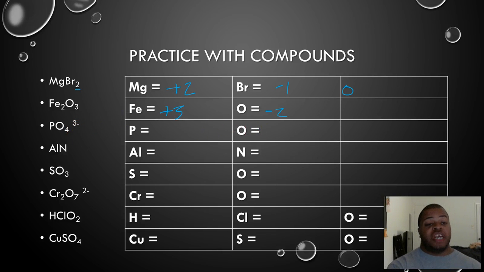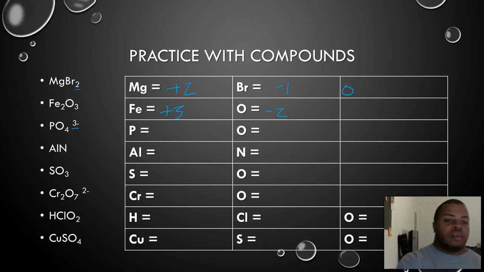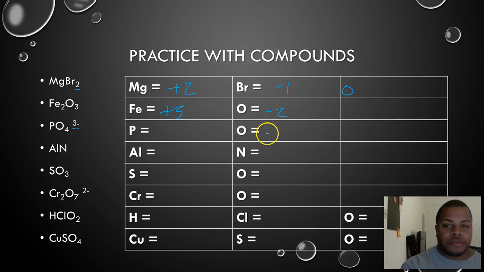Now I have a phosphate ion. Notice that it has a charge of -3, so that means I'm going to end up with 3 more electrons, or 3 more in the oxidation states than I would have for the other. Oxygen again is -2, and -2 times 4 gives me -8.